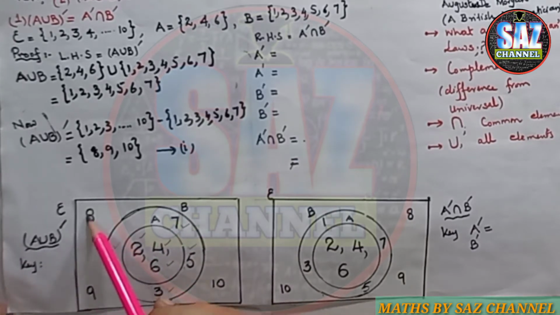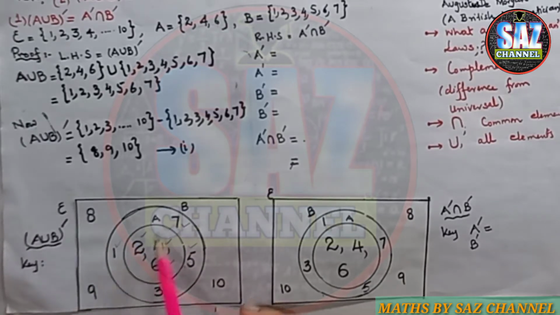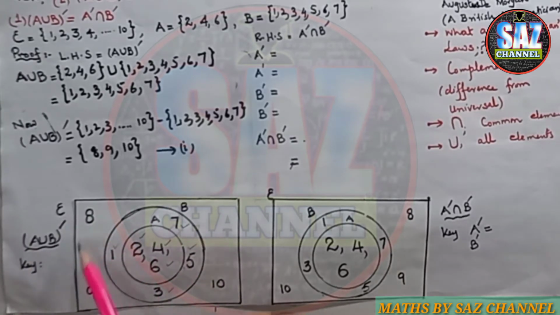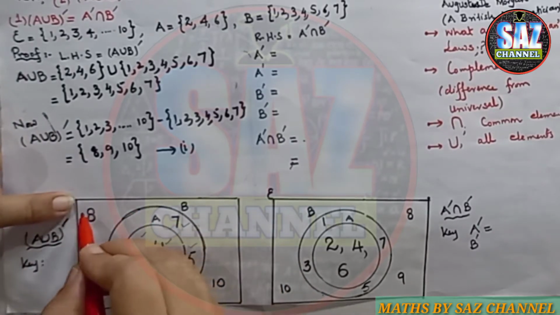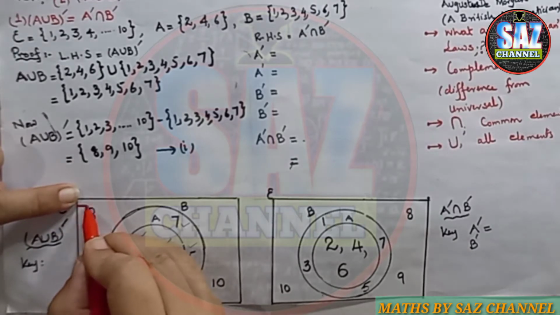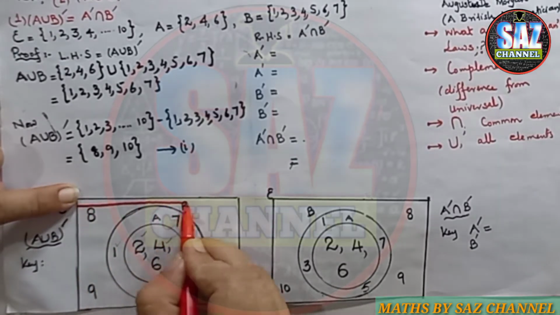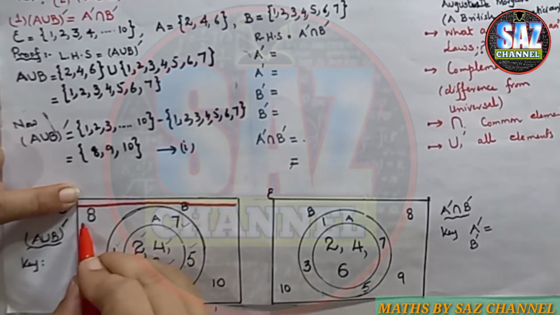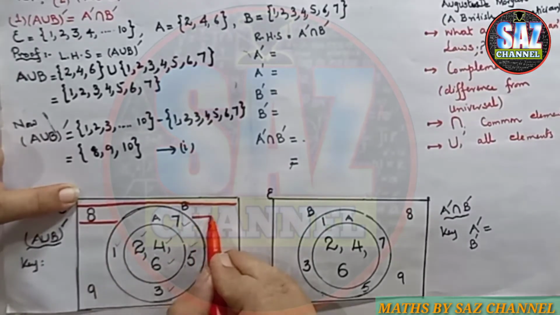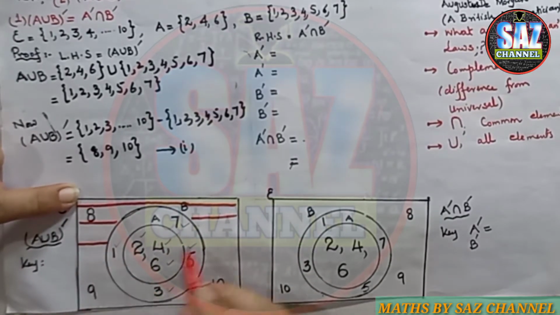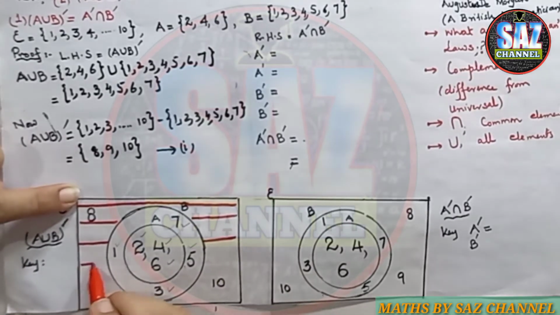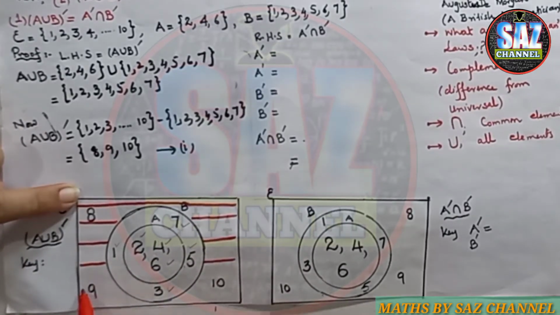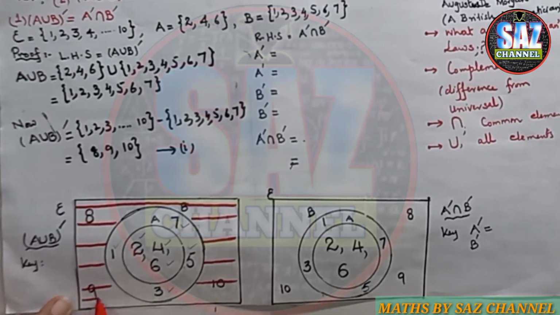So where am I going to shade? My shading will exclude this portion, and my shading will be in the outer rectangle of the universal only. I have to shade outside this set, and the shading will come in the universal like this. Be careful.